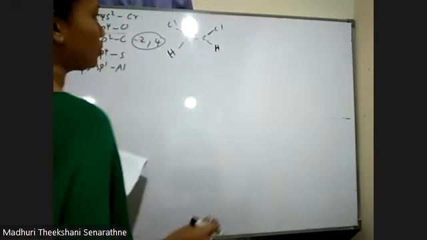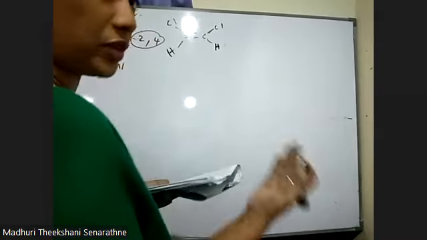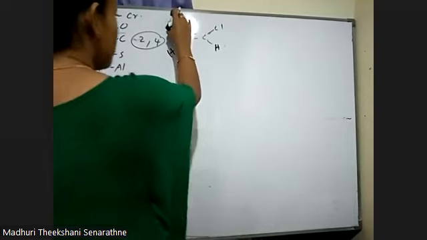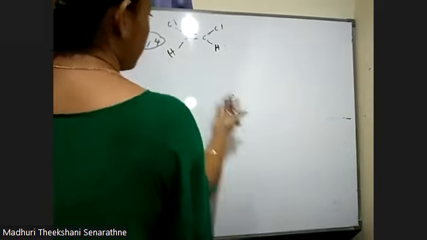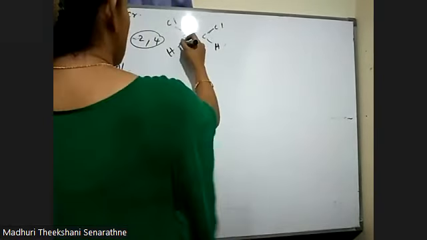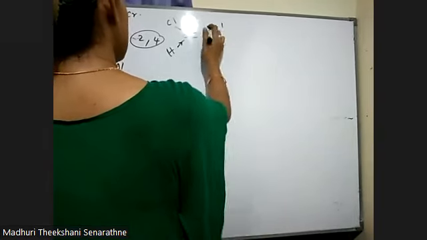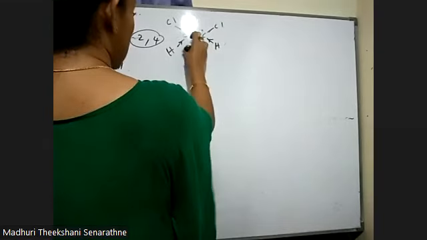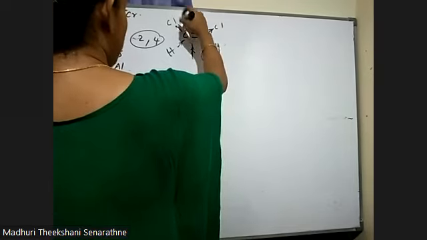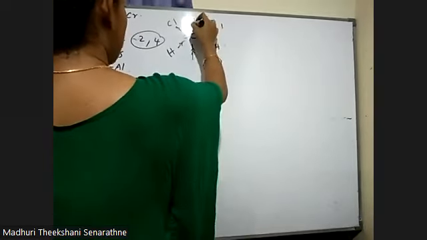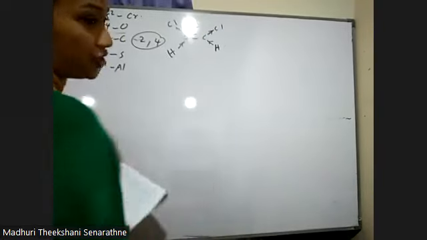Hydrogen tends to give electrons; it is an electropositive atom. Hydrogen pushes electrons along this bond, so the overall goes in this direction, and the 2 chlorines are pulling electrons in this direction. Therefore, the overall dipole moment goes in this direction.